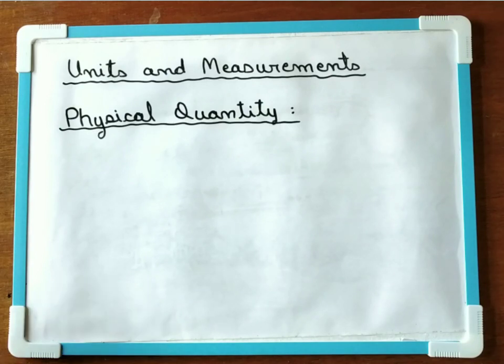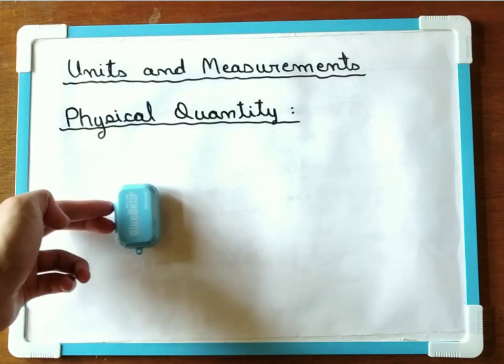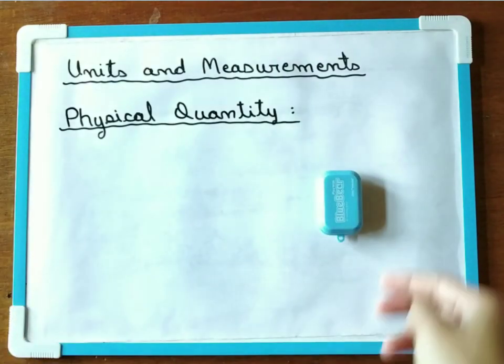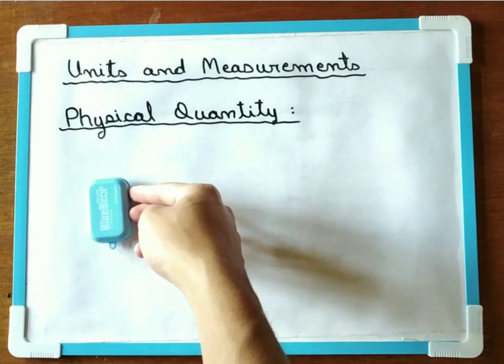For example, if we have an object here, then this object is stationary. But if I apply a force in this direction, then this object will move in this direction. And if I apply a force in this direction, then this object will move in this direction.